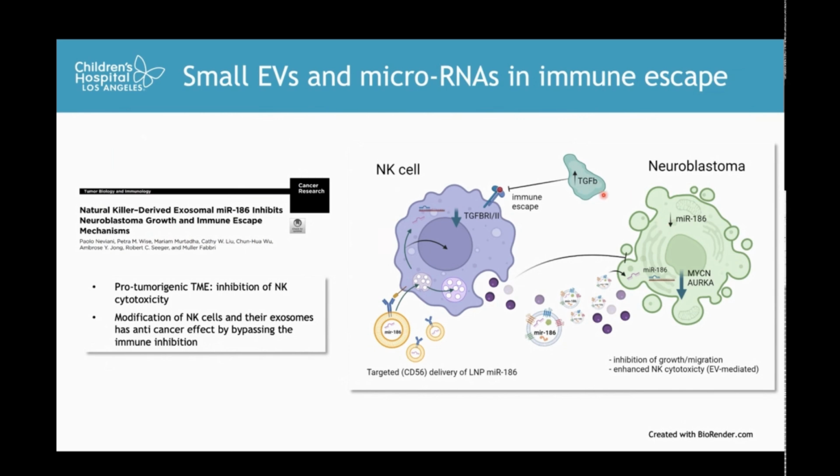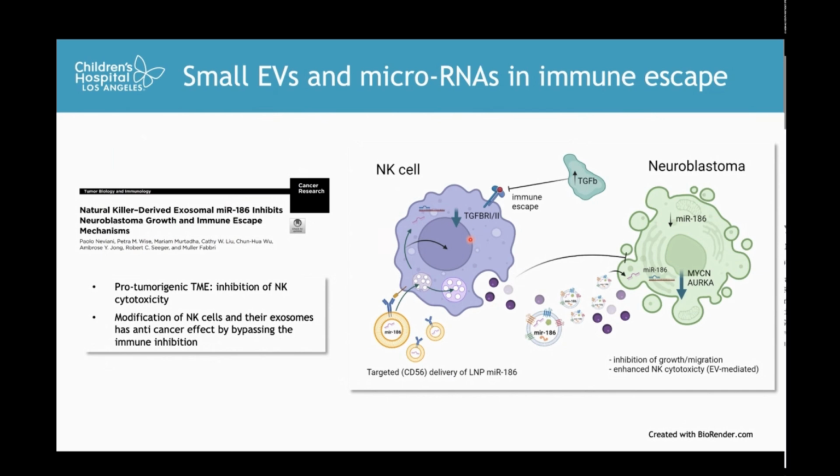Also, TGF-beta is highly expressed in the tumor and found at high quantities in the tumor microenvironment. This results in activation of the TGF-beta pathway in the NK cells, which results in an inhibition of their cytotoxic activity, a known immune escape mechanism.